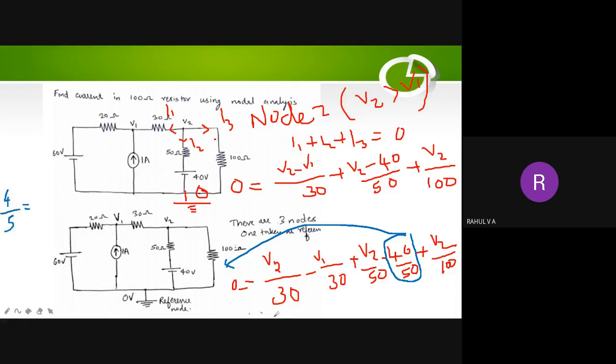And then you have 3 V2 terms, that is V2 by 30, V2 by 50, V2 by 100. So you make it to some 300. So if you are going into 300 in the denominator, 10 V2 plus 6 V2 plus 3 V2. Then it is 10 plus 6, 16 plus 3, 19 V2. 19 V2 divided by 300.